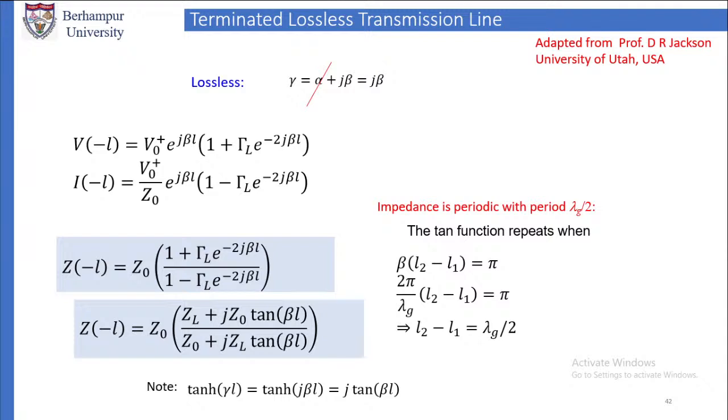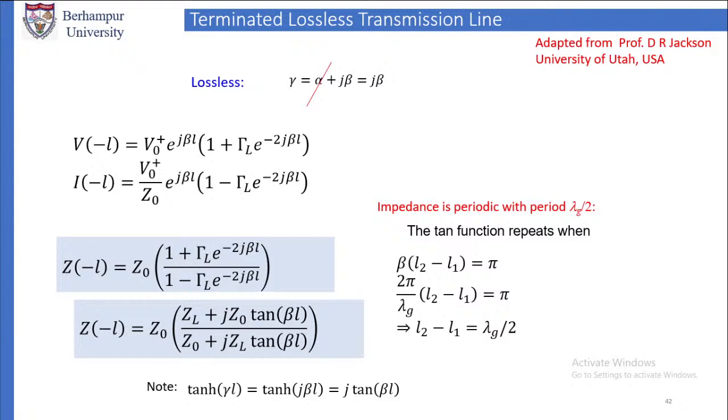Now using this, we can find out the impedance at a distance L from the load. Why is it minus L? In the expression you can see it is minus L. The reason is that from the reference point, that is from the load, we are looking towards the left side.